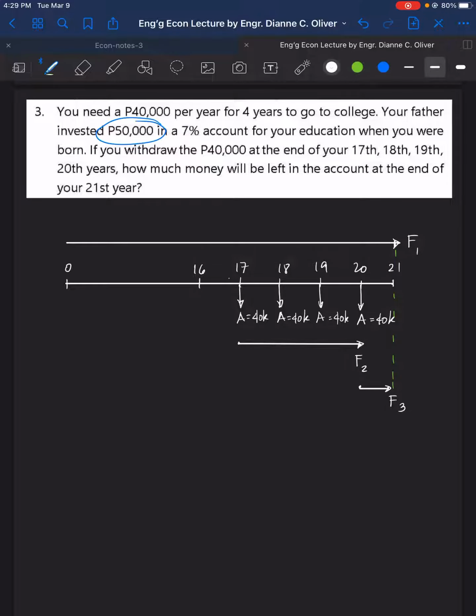Okay. So having the F2 here, convert this into a present, and then move to future 3. Okay, so let's compute that. First, let's have the F1.